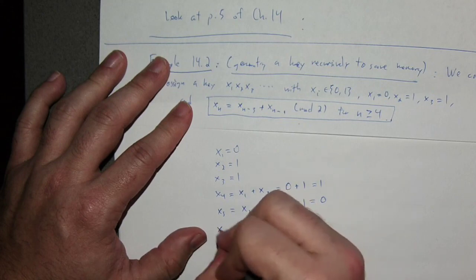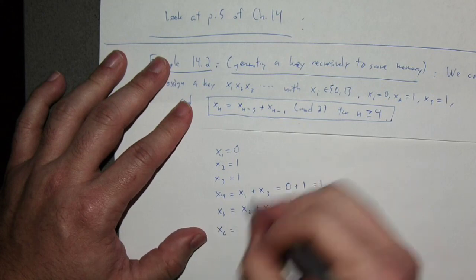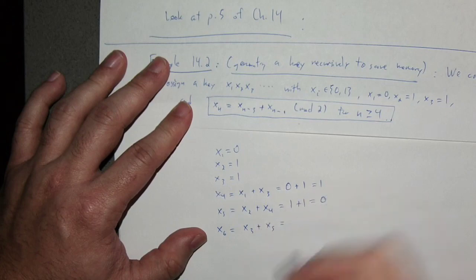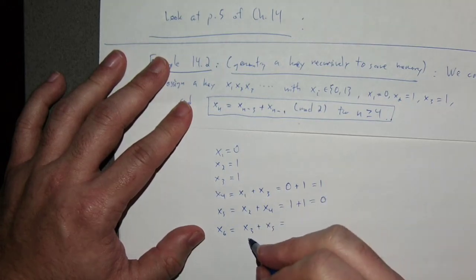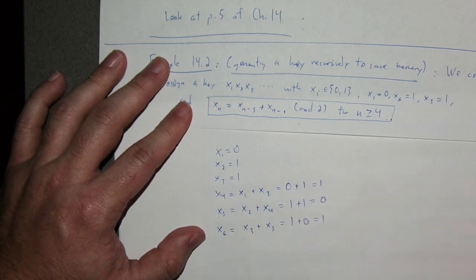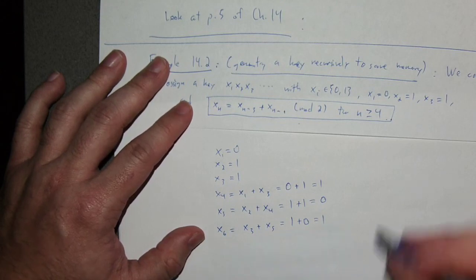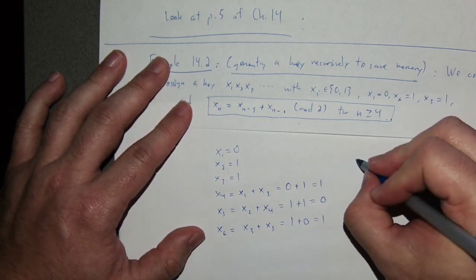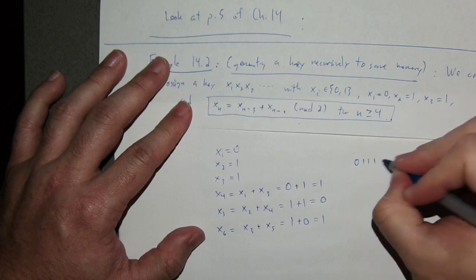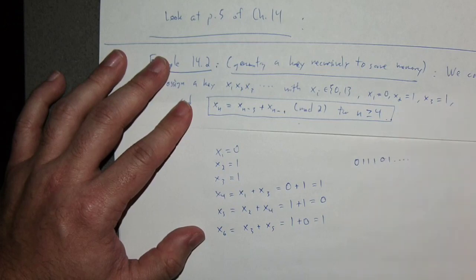All right, and x sub 6 would be x sub 3 plus x sub 5. So x sub 3 is 1, x sub 5 is 0, so that's 1 plus 0, which is 1 mod 2. So if you wrote out what this string would be, it would be 0, 1, 1, 1, 0, 1, and so on.